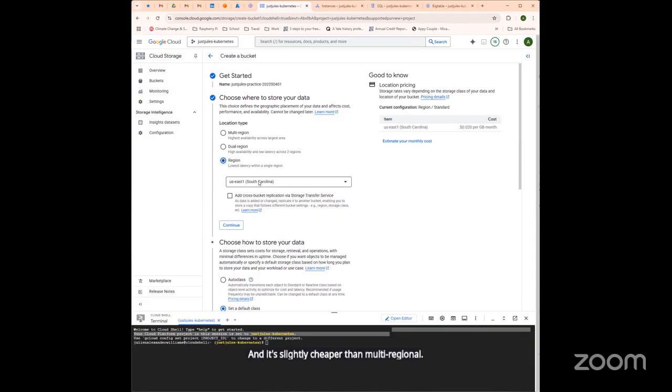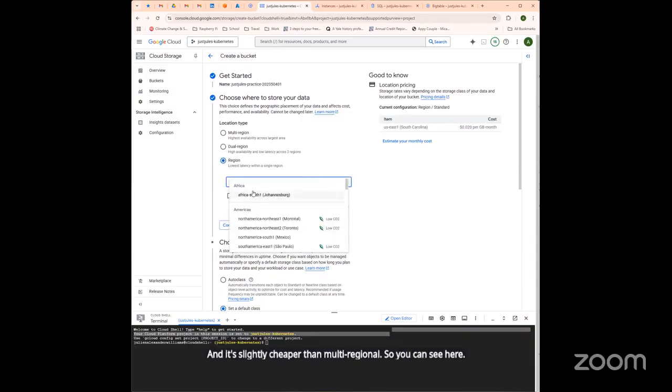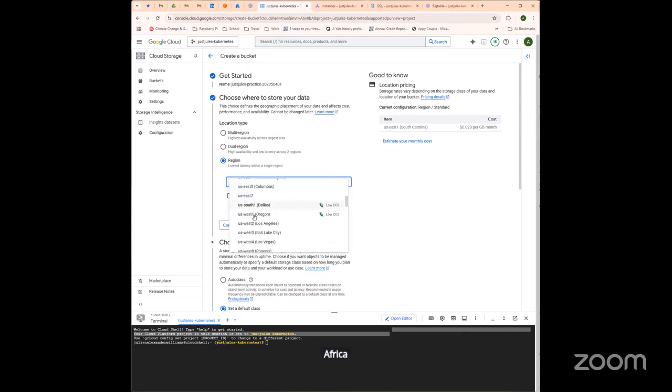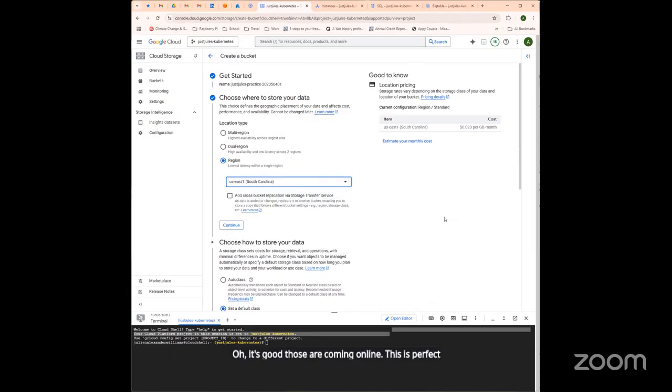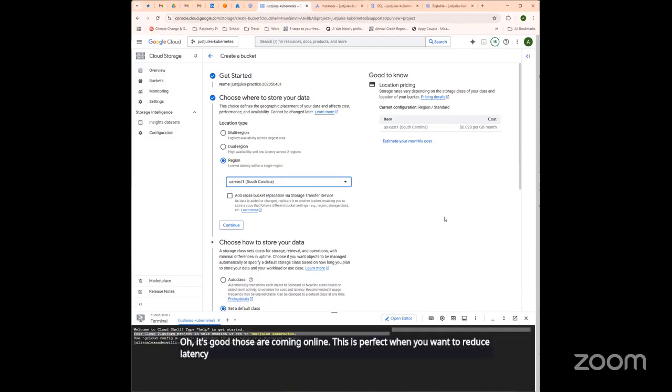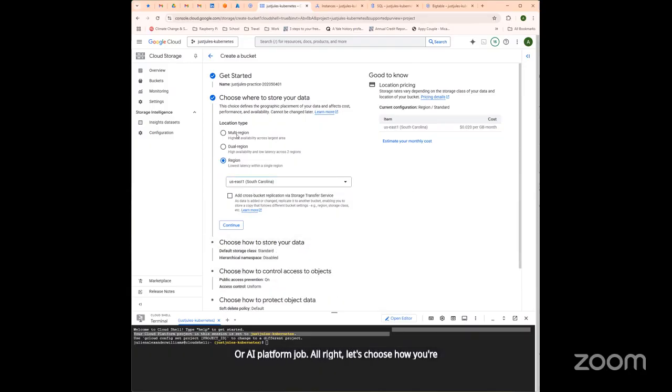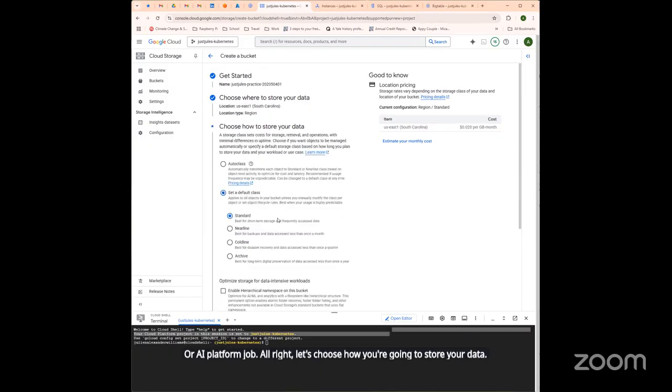So you can see here, Africa, Americas, Asia, and Europe, and the Middle East. Oh, that's good. Those are coming online. This is perfect when you want to reduce latency in the same zone as your Dataflow, Dataproc, or AI Platform job. Right? Let's choose how you're going to store your data. Okay. Continue. Okay. You have different opportunities.